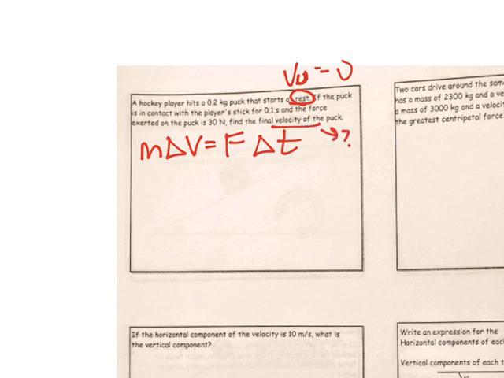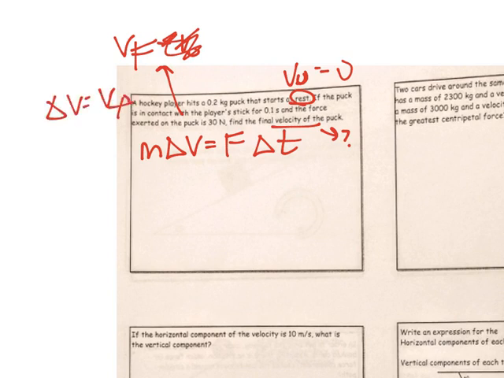Remember it's final minus initial, but initial is 0, so delta v is essentially just your v final, which is what you want to know. So this is your unknown, and this is your time.